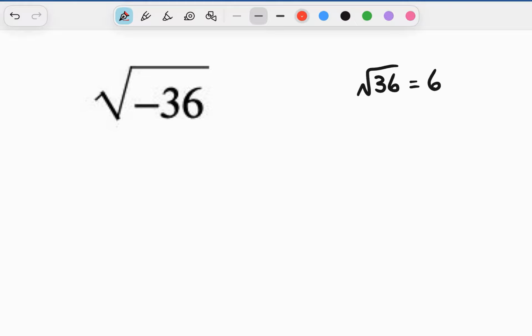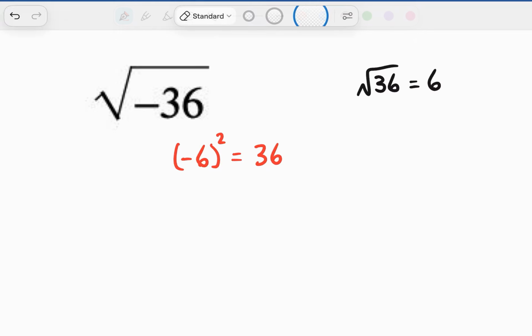Because a common thing you'll do is, oh, well, it's negative 6, right? Well, no. Because when I square negative 6, a negative 6 times a negative 6 actually just becomes positive 36. So we need to use what are called imaginary numbers to simplify this.